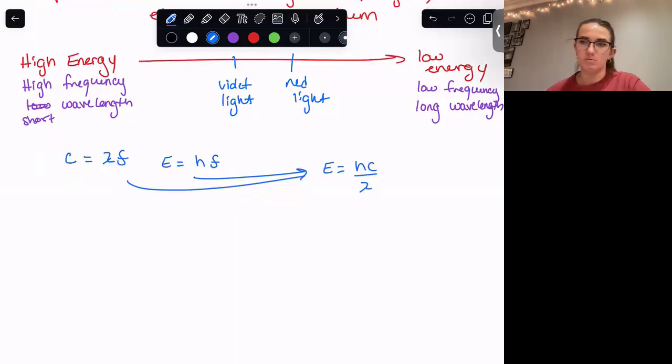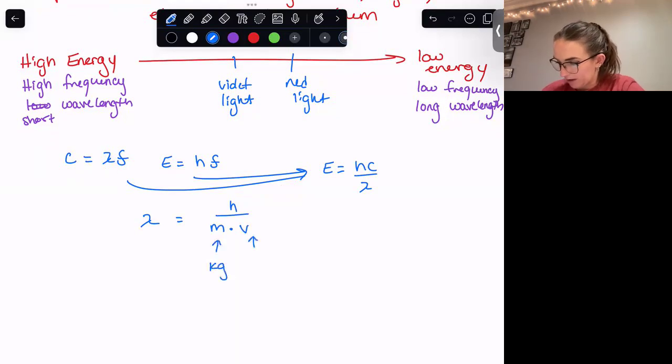All of these are given to you, but this is what you should be thinking if you see a question that involves waves. We also know the de Broglie wavelength, which is the wavelength equal to Planck's constant divided by mass times velocity, where mass is in kilograms and velocity is in meters per second.